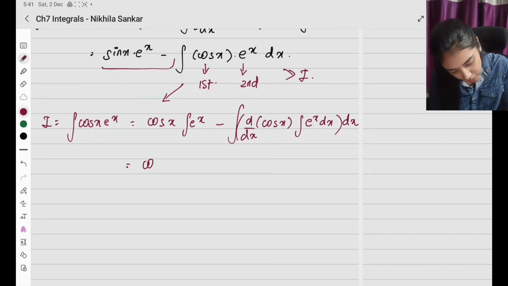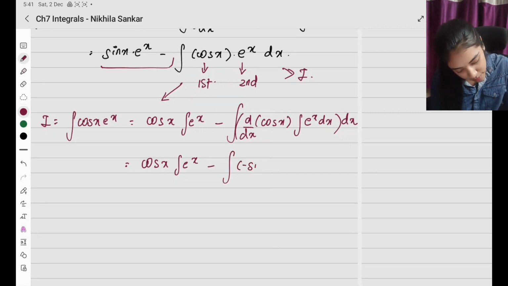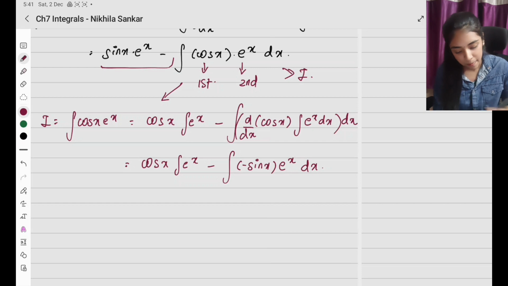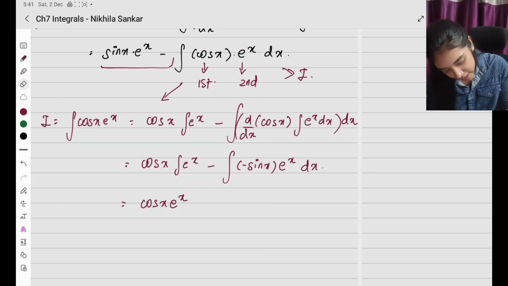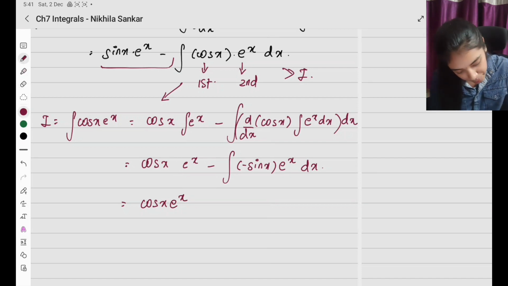So what do I have? cos x times integral e to the x minus, open the bracket, d by dx of cos x is minus sin x times integral e to the x is e to the x times dx. So multiplying the minus, cos x times e to the x plus integral e to the x sin x dx.